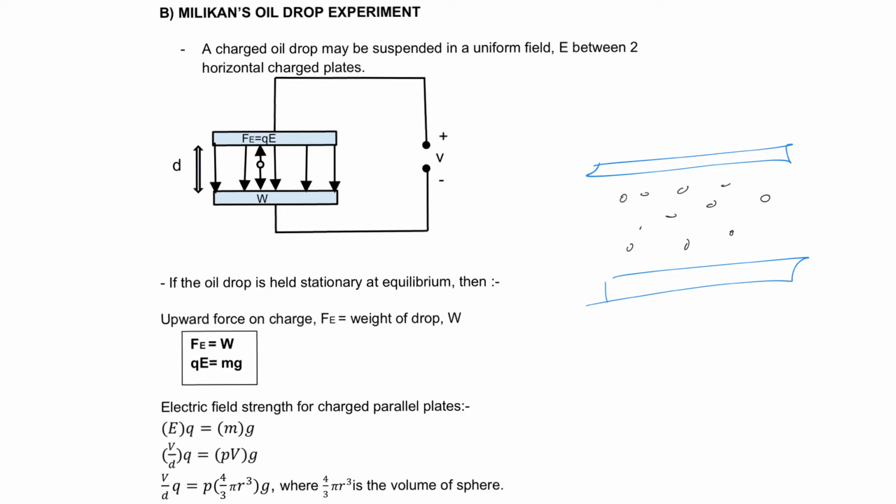So it will either gain electrons and become negatively charged, or lose electrons and become positively charged. Both can. So the question could be talking about positively charged oil droplets or negatively charged oil droplets.